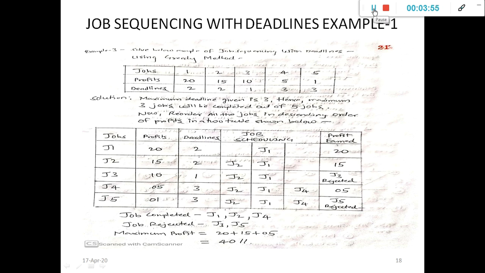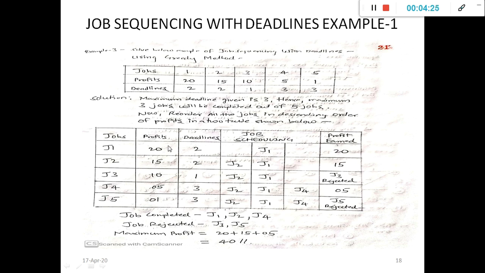To solve this given job sequencing example, first you have to reorder all the jobs according to descending order of their profits as shown in table 2. That is, in the third column are deadlines and in the second column you have to rearrange all the profits associated with jobs in descending order.